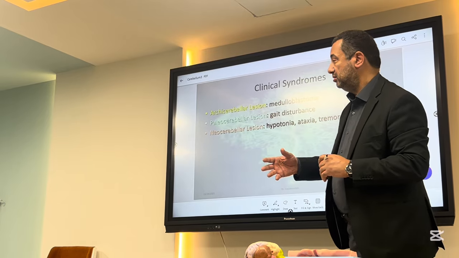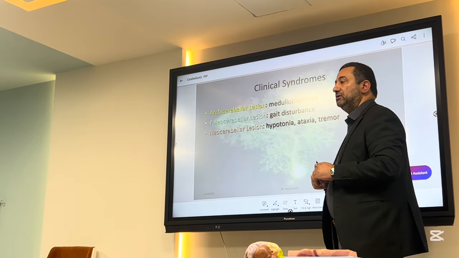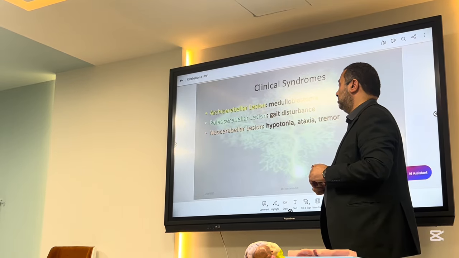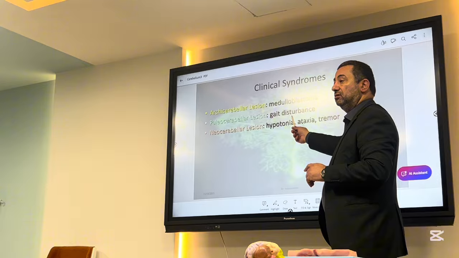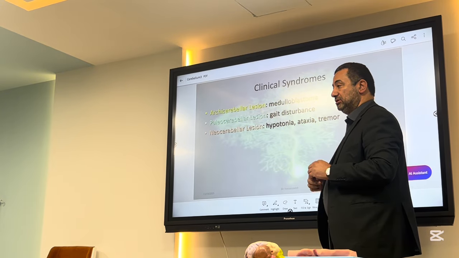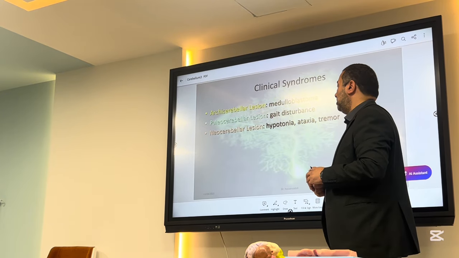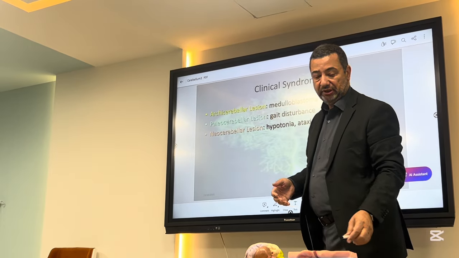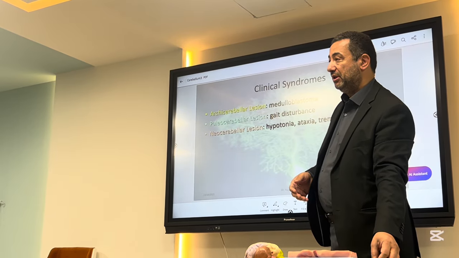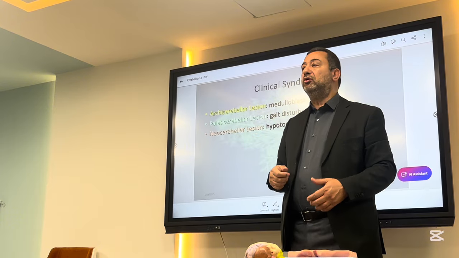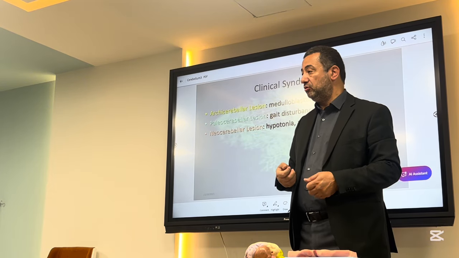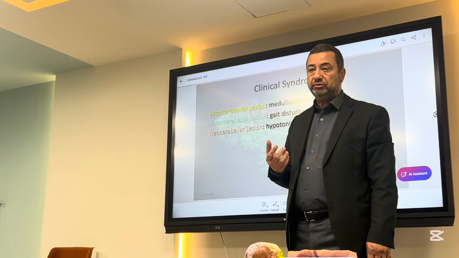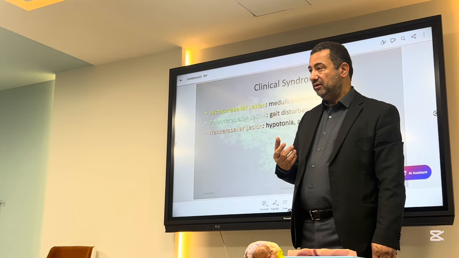This is a tumor in the cerebellum of a child. Paleocerebellar lesion makes gait disturbance. And neocerebellar lesion makes hypotonia, ataxia, and tremor, intention tremor. In Parkinson's disease, I told you there is rest tremor, but in cerebellar disease, there is intention tremor. Okay?